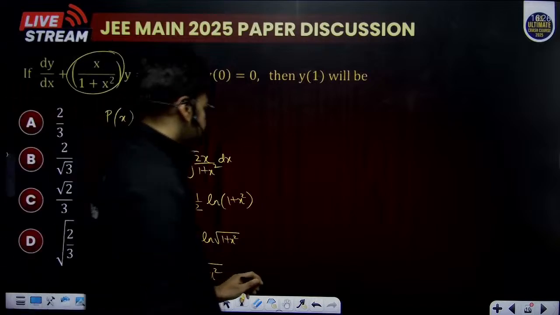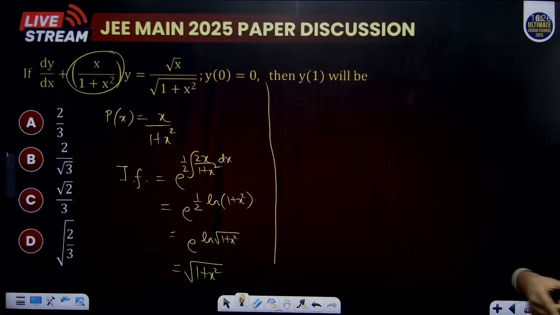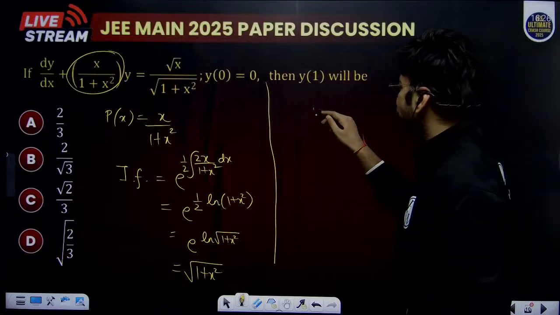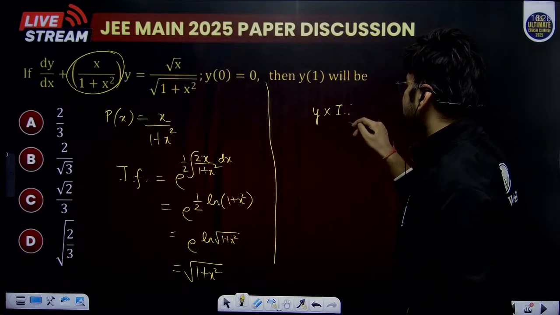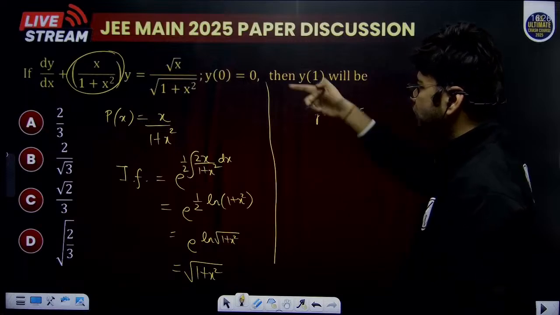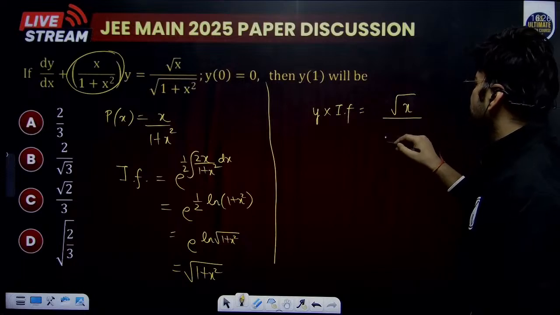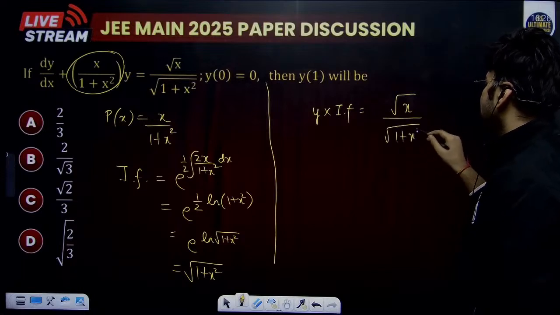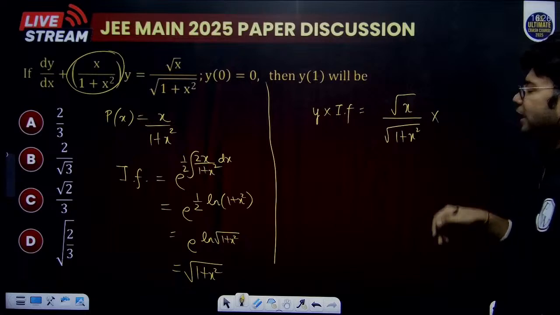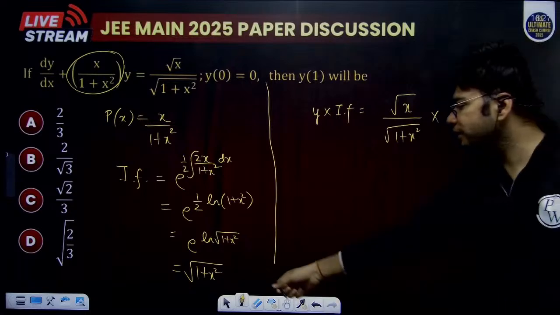So the solution of this differential equation, as we already know, is y into integrating factor equal to the integration of the right hand side, root x upon root 1 plus x square, into the integrating factor. What will be the integrating factor?